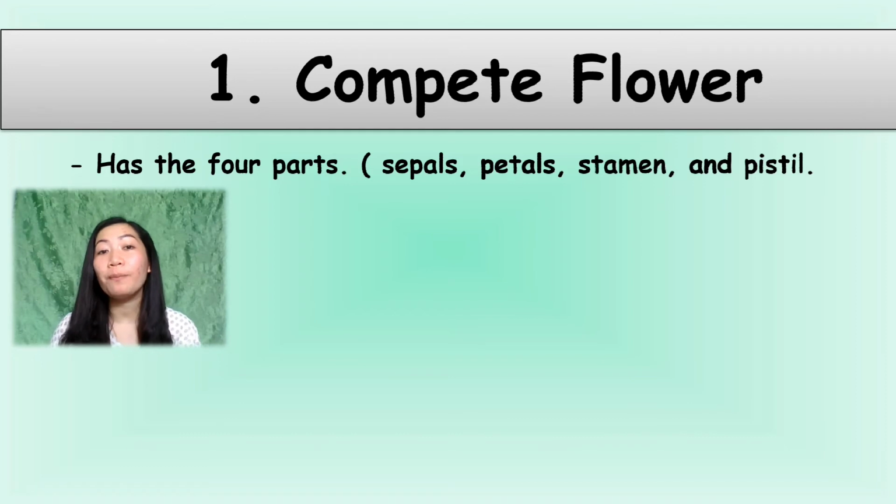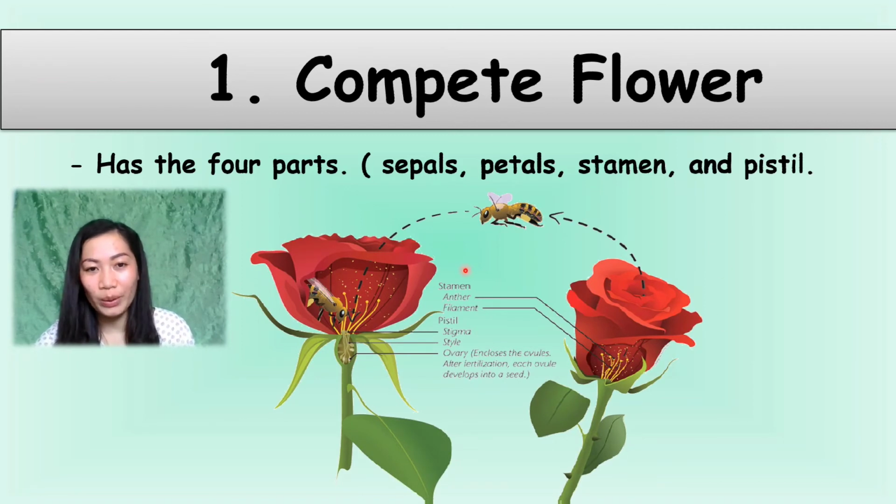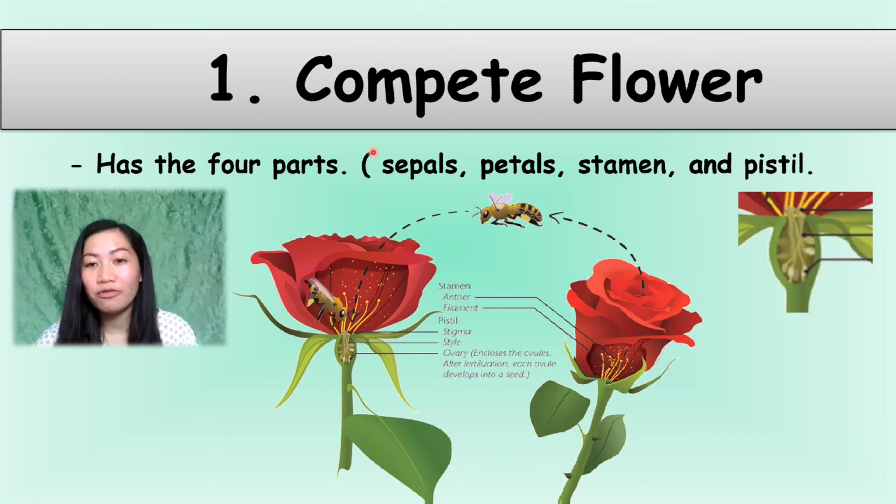When we say complete flower, it means it has the four main parts of a flower: sepals, petals, stamen, and pistils. Like this one, the rose. The rose is one example of a complete flower. So in one plant, these four parts are complete.